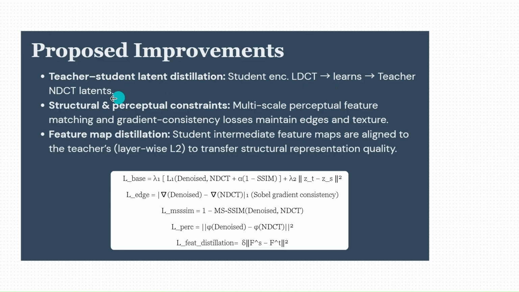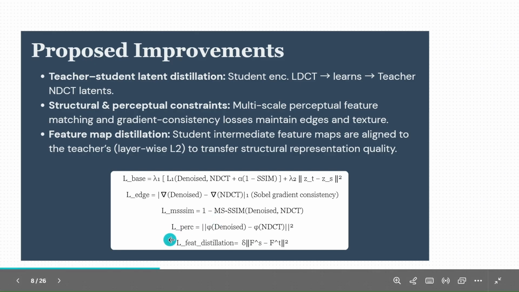The second one is improvement in loss functions, which is structural and perceptual constraints. Firstly, we introduced edge loss, which is just Sobel gradient consistency across all the pixels. The second one is multi-scale structural similarity loss, which is just structural similarity loss over multiple scales of the images.